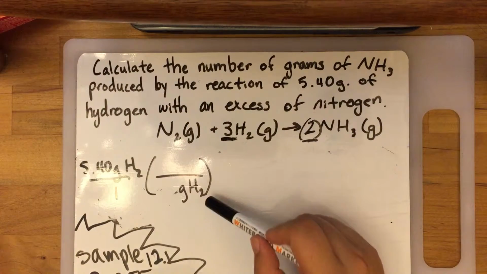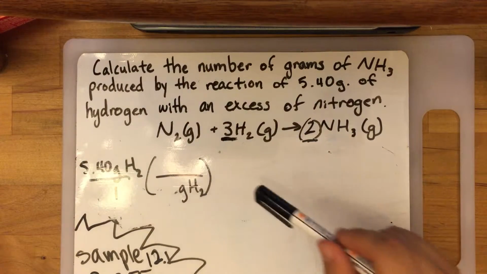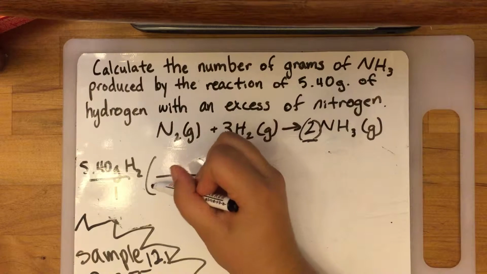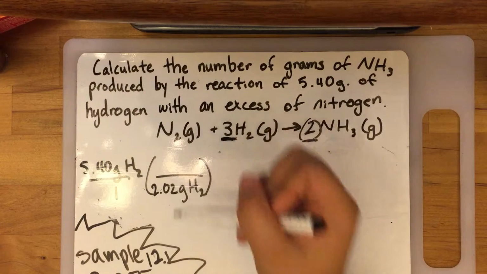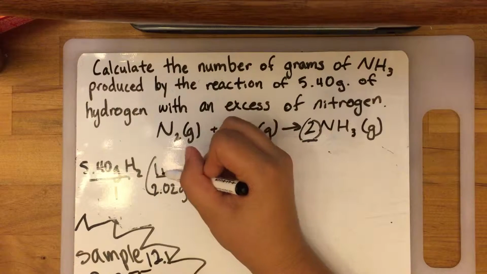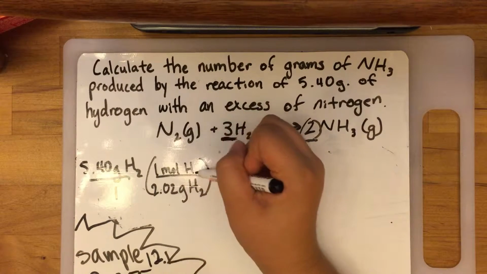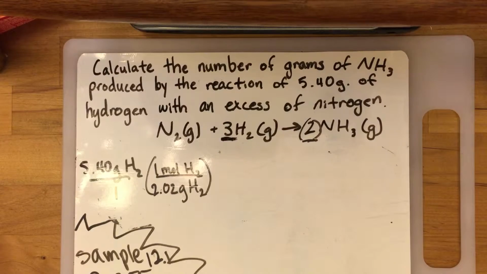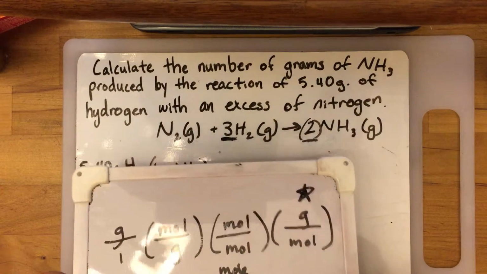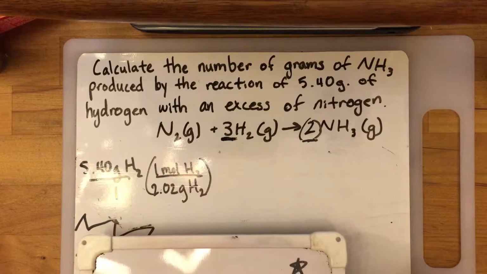But because it's H2, you have to multiply 1.01 by 2, which would be 2.02 grams of H2. Now we want 1 mole of H2 up here because we need to do the moles over moles, the mole ratio, next. That way we can get to the answer.